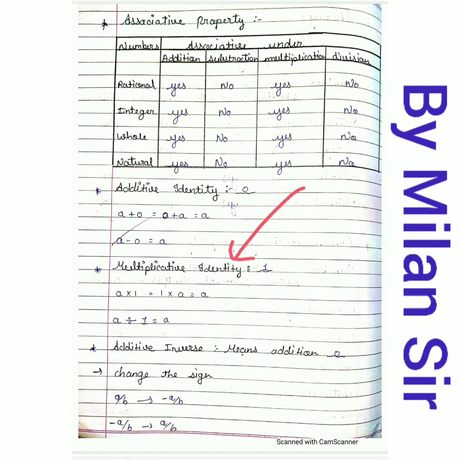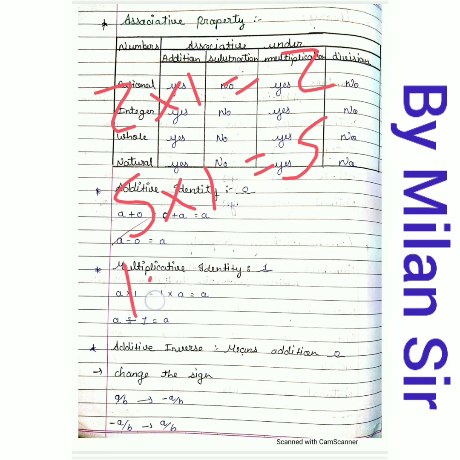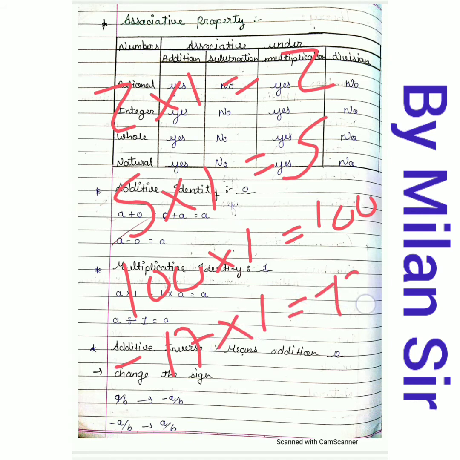Multiplicative identity, same thing for multiplication. What number if we multiply with another number gives the same answer? That means if I take 2, 2 ones are 2, 5 ones are 5, 100 ones are 100, minus 17 ones are minus 17.